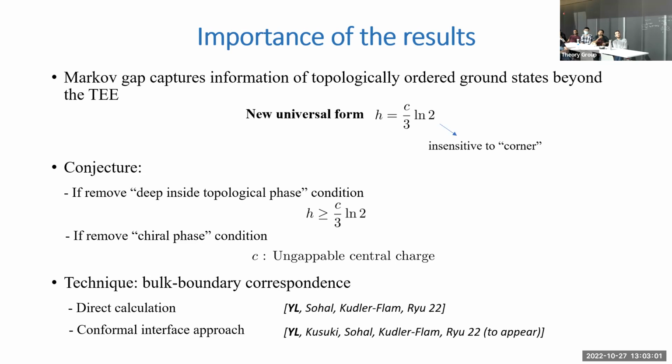So say that, suppose it is a chiral theory, then it is a chiral central charge. Suppose you take this integer quantum Hall system in a bulk, then in that case you will have C equal to 1.